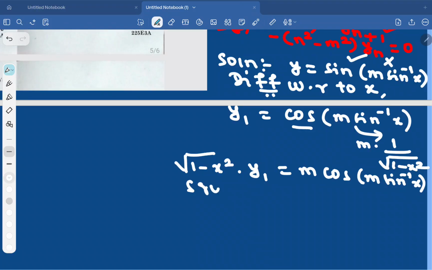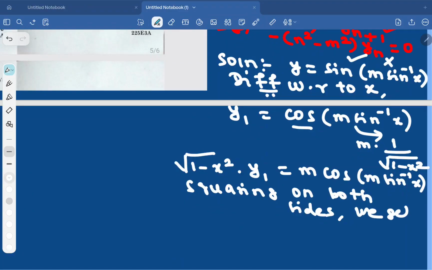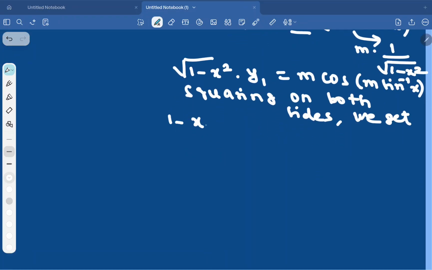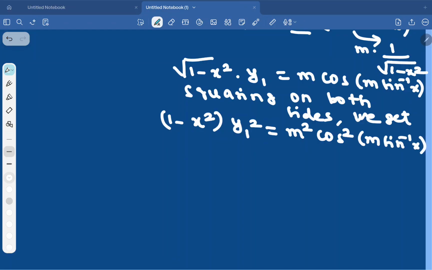Squaring on both sides, we get 1 minus x square y1 square equals m square cos square of m sine inverse of x. We know very well cos square theta equals 1 minus sine square theta.